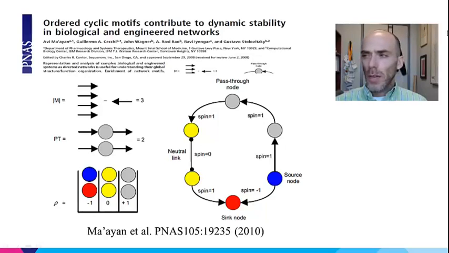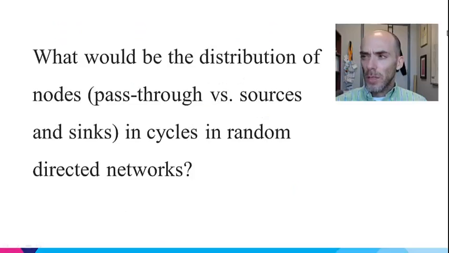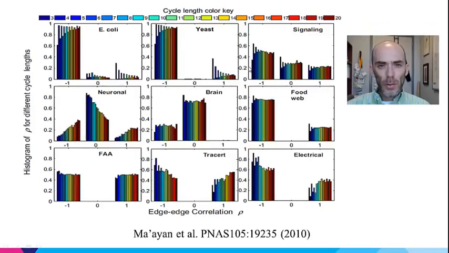So now I would like you to guess what would be the distribution of nodes, pass-throughs versus sources and sinks, in cycles in random directed networks. This is an application of the method to 9 directed and mixed networks, including 6 biological networks and 3 technological complex systems.